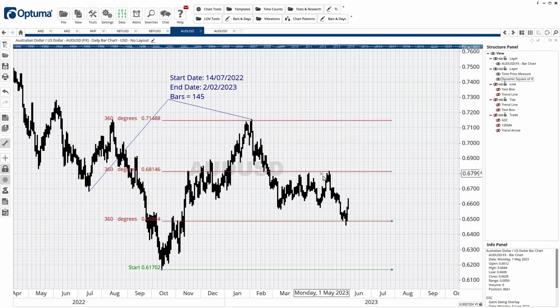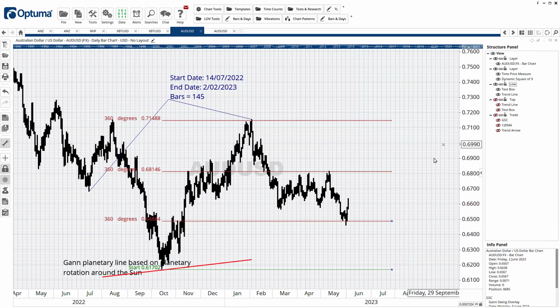You'll notice here that 2 rotations around the square of 9 from the starting point indicated a resistance level, and had been trying to crack through that and failed. And most recently it's come back to one rotation around the square of 9, 360 degrees from the starting low, and you can see again the currency has now started to react.